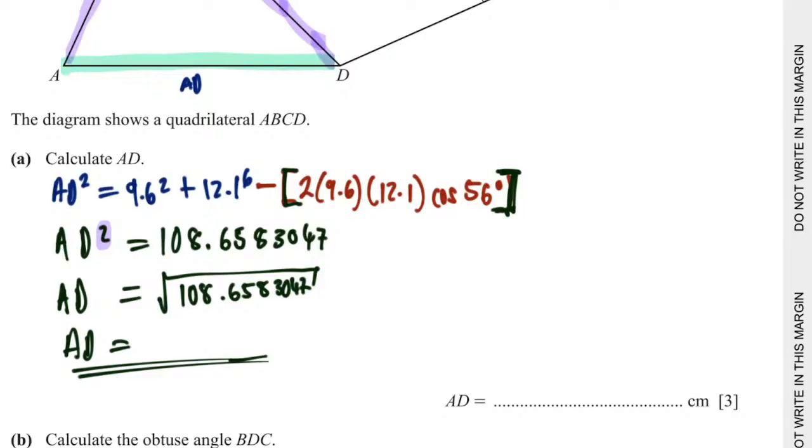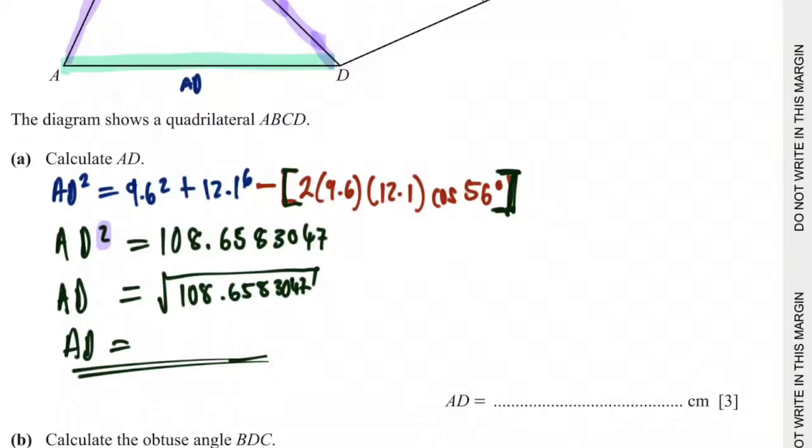What is the square root of 108.6583047? 10.4 centimeters. Oh, 10.4 is not the full thing. 10.49.